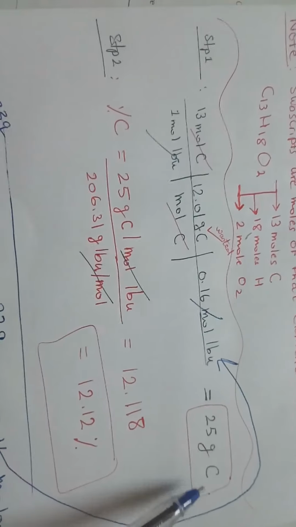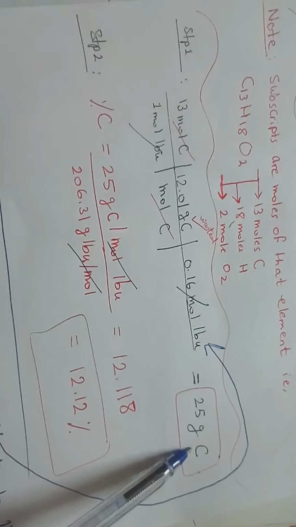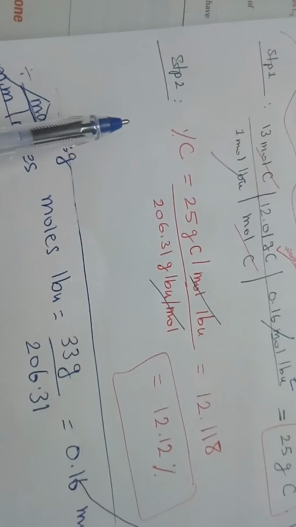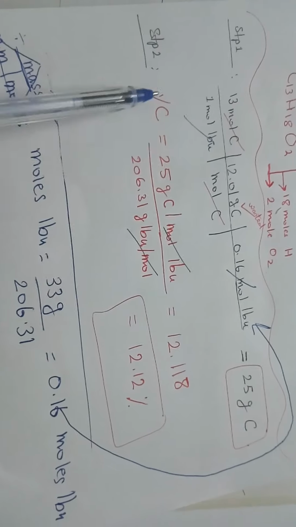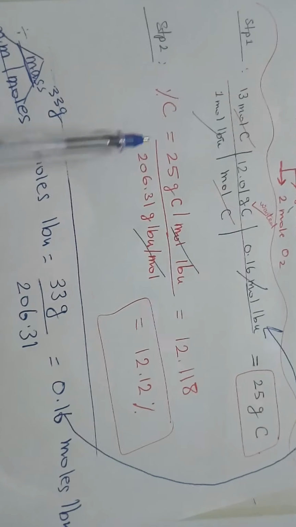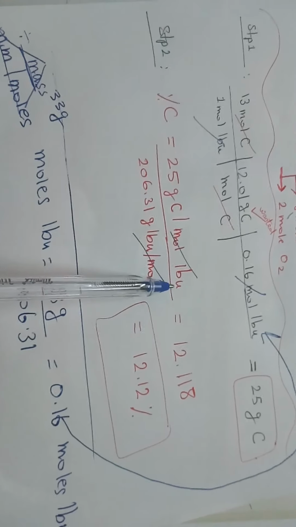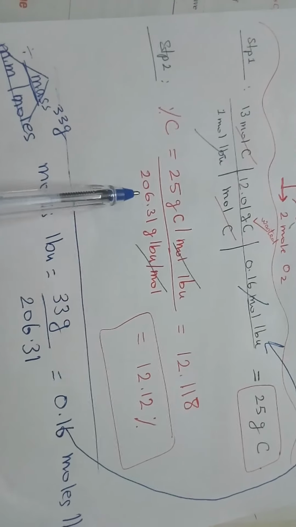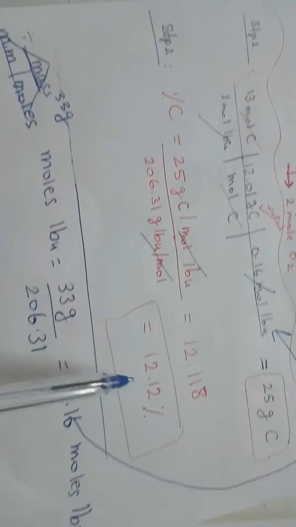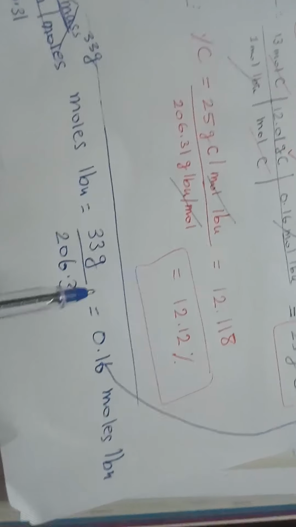Now I found the mass of carbon. Step number 2: percentage of carbon is equal to the mass of carbon, 25 grams of carbon per mole of ibuprofen, divided by the molar mass of ibuprofen, and that gives you 12.12%. Thank you for watching.